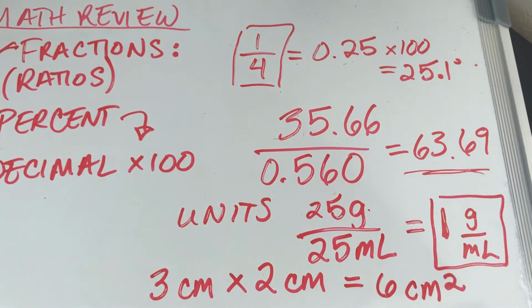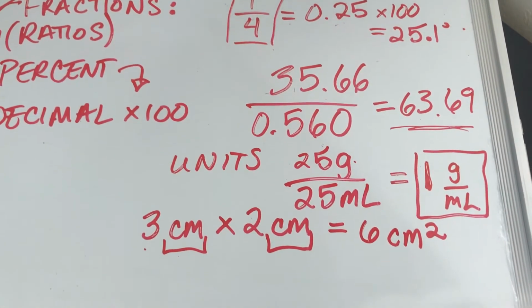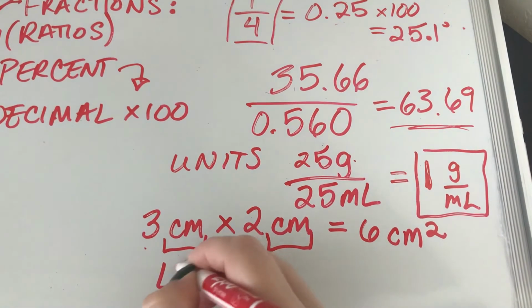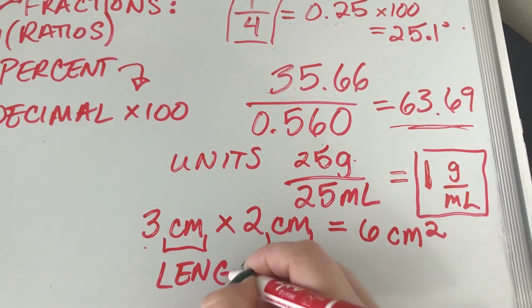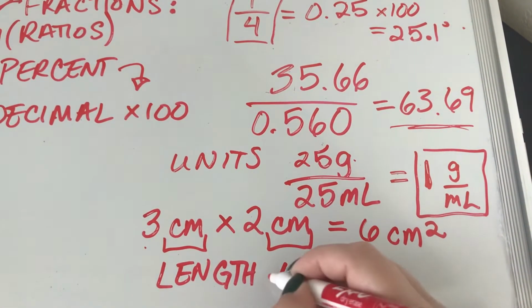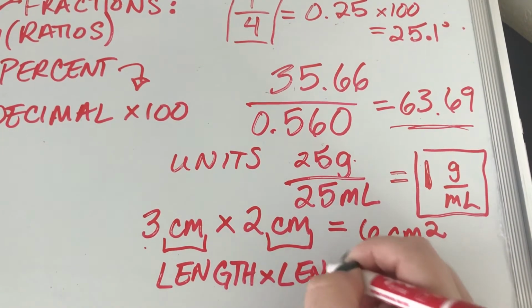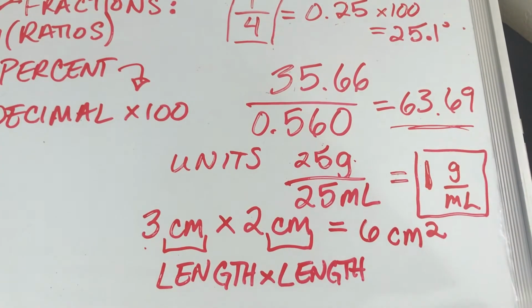Does that make sense, guys? So in the same way that coefficients are going to be multiplicative, their units are also multiplicative. So if we have length times length, which hopefully you guys are okay with me on that.